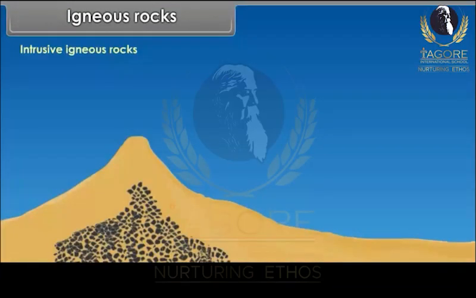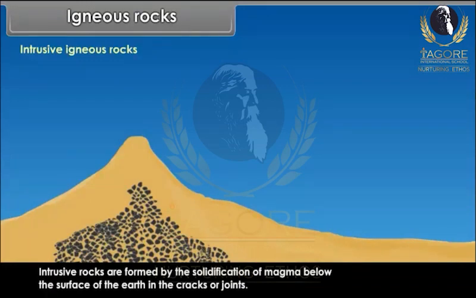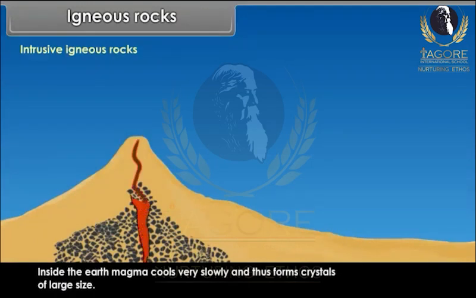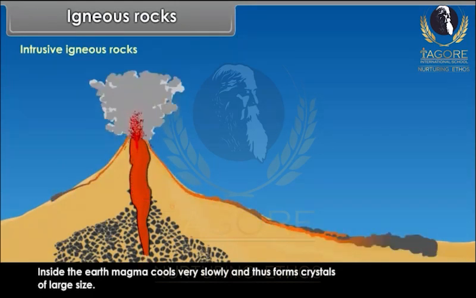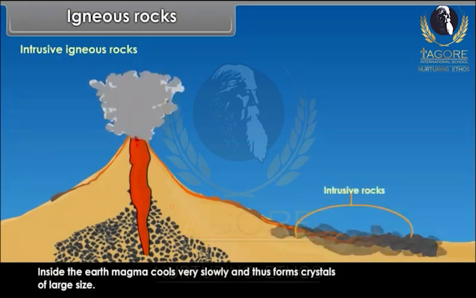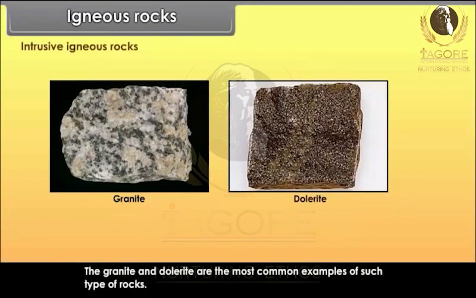Intrusive igneous rocks. Intrusive rocks are formed by the solidification of magma below the surface of the Earth in the cracks or joints. Inside the Earth, magma cools very slowly and thus forms crystals of large size. Granite and dolerite are the most common examples of such rocks.